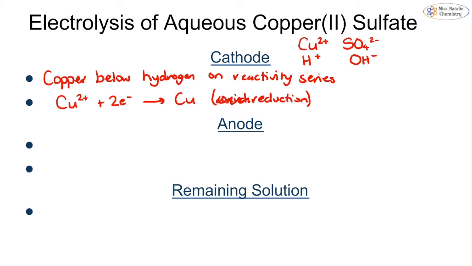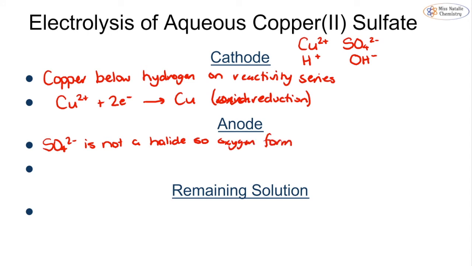At the anode, we've said that we're going to have the sulfate and the hydroxide. If we think back to our rule, the rule was if it's the halide, then we make the halogen. Anything else, we make oxygen. So SO4 2- is not a halide, so oxygen will form.